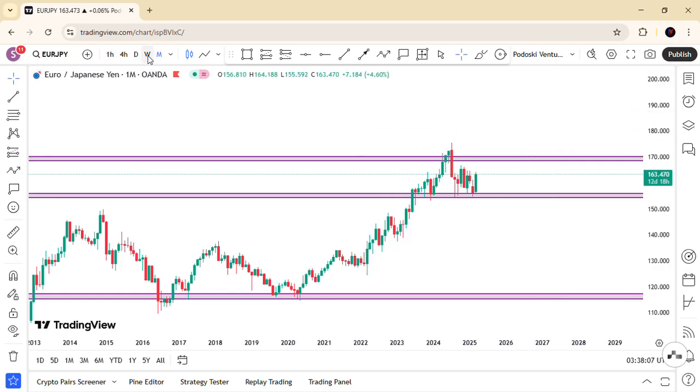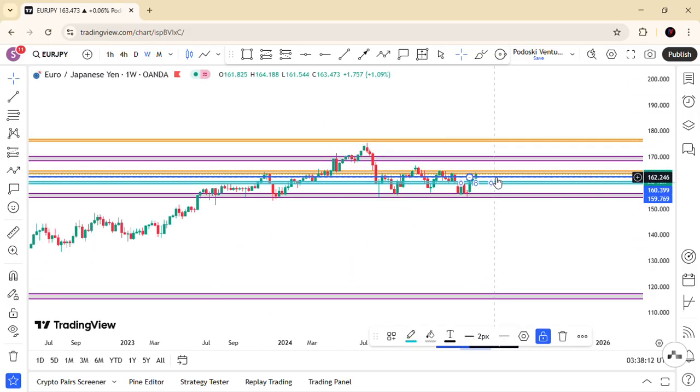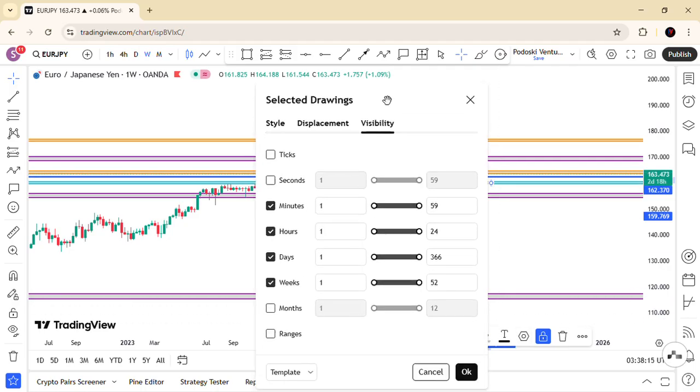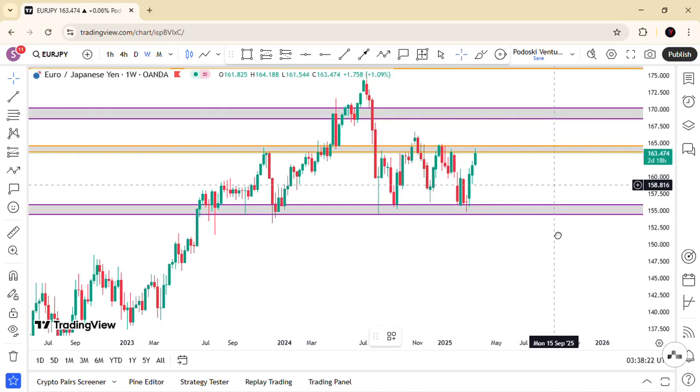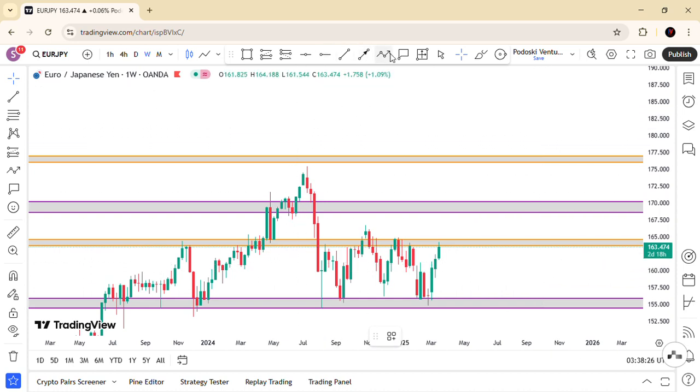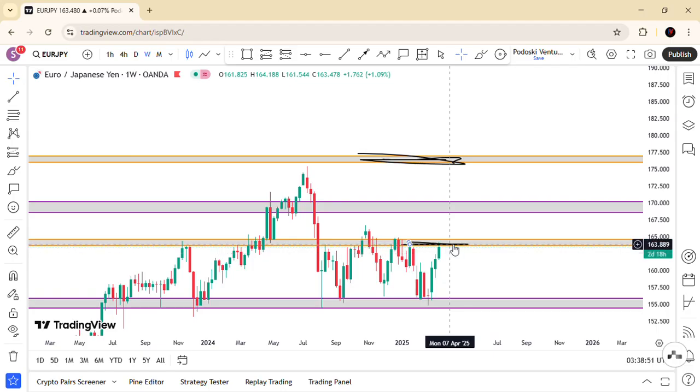So let's go to the weekly time frame. On the weekly time frame, I have my weekly upper zone and my weekly lower zone on EURJPY.